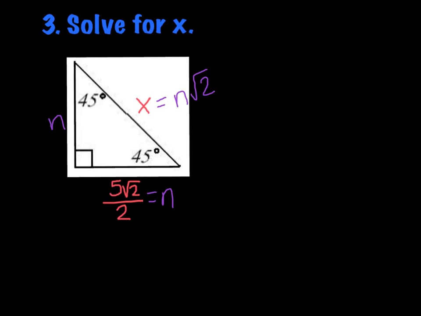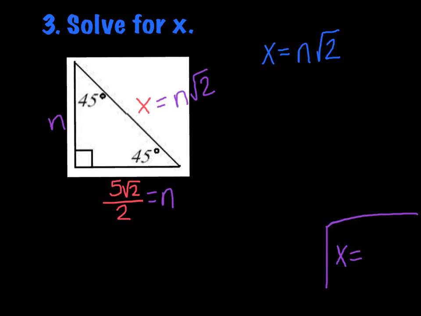Okay, so what we're going to be solving for is x. So let me go ahead and put a spot for my answer over here. X equals. Okay, and then I'm going to go ahead and write the equation off to the side. X equals n root 2.